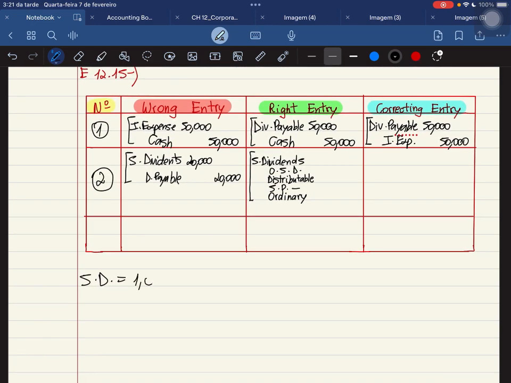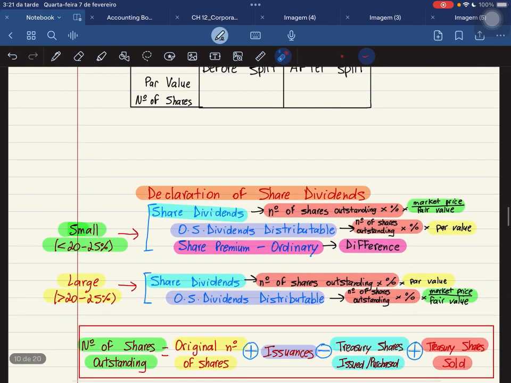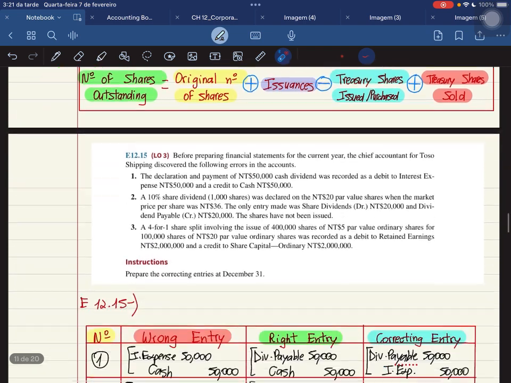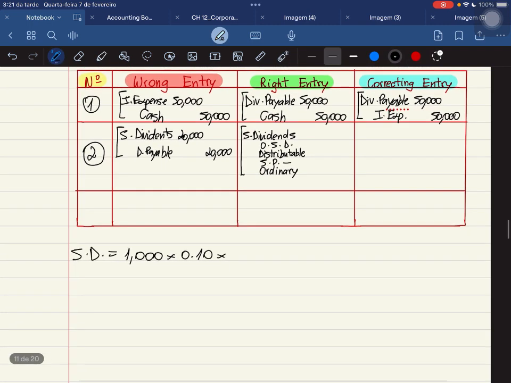So that would be the number of shares outstanding times the rate of 10%, times, remember, if it is small, the market price or the fair value. In our case, we see that the market price was 36 NT. And that gives us 3,600 on the debit side.